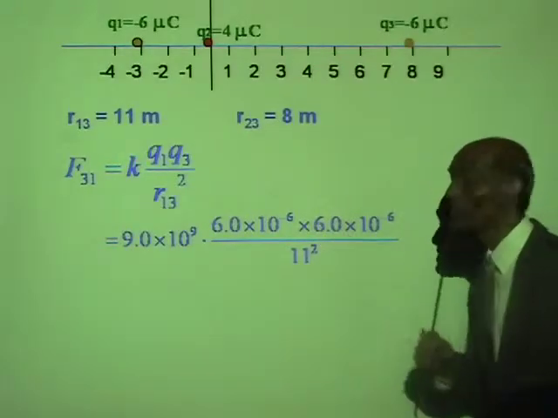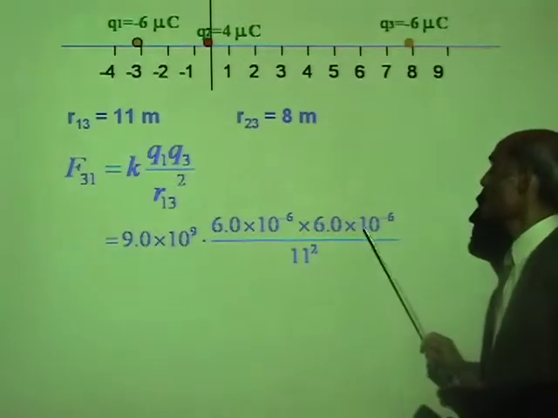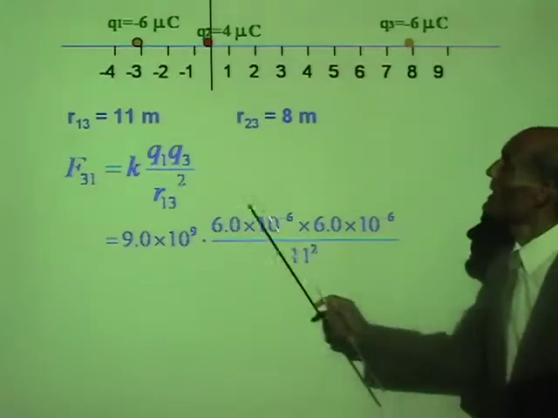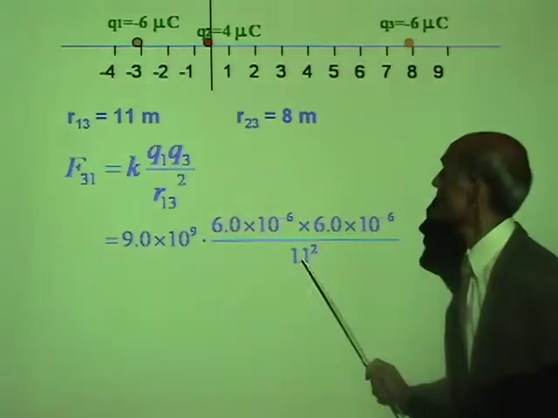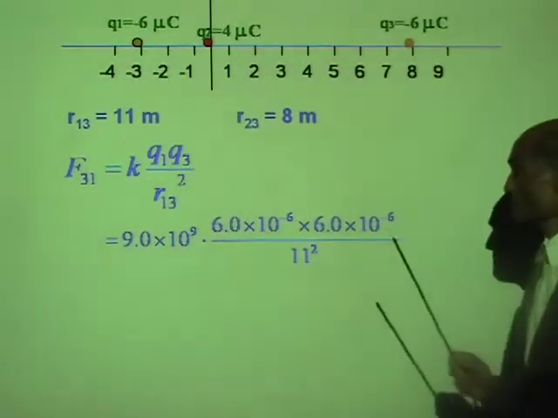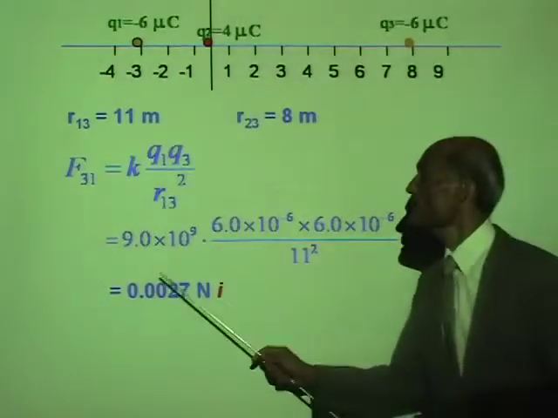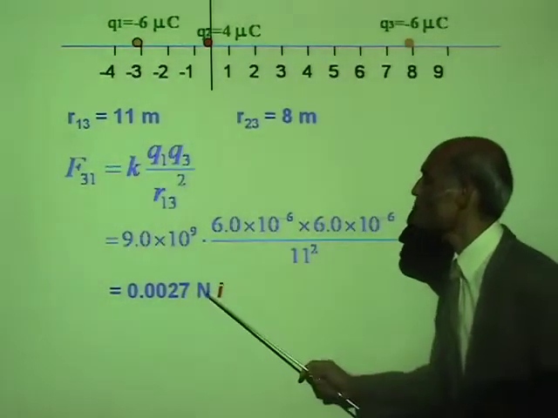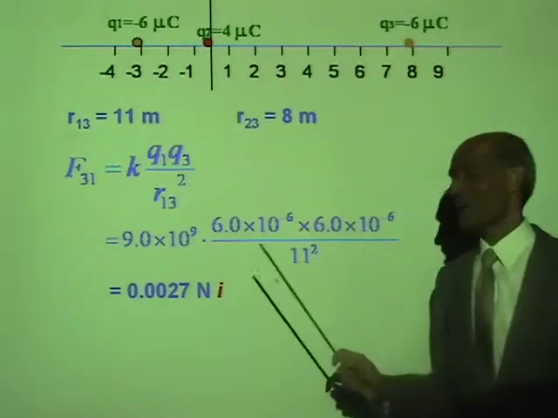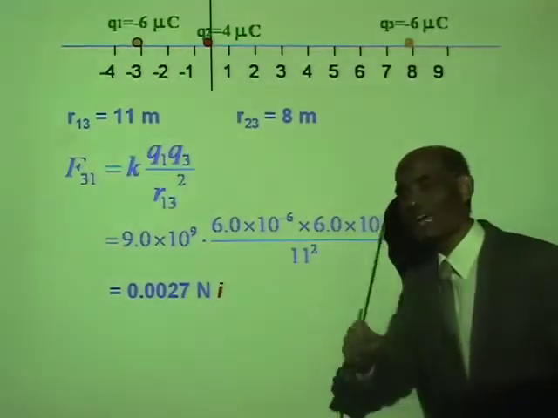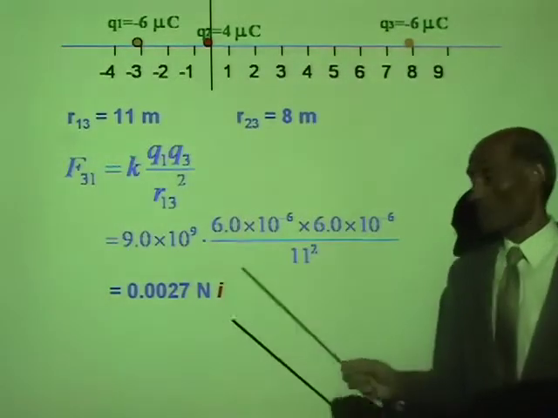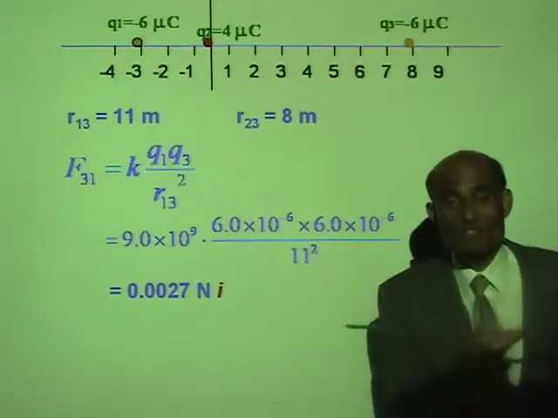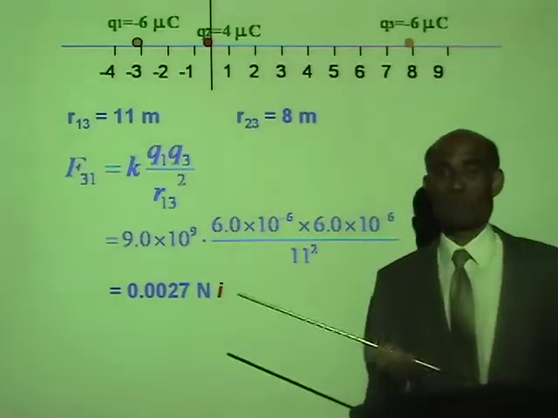I use only the positive value. 6 times 10 to the negative 6 divided by the distance between them, 11 meter. And that gives me 0.0027 Newton I. Now, why did I call it an I vector? Now remember, an I vector is a vector along the x-axis.